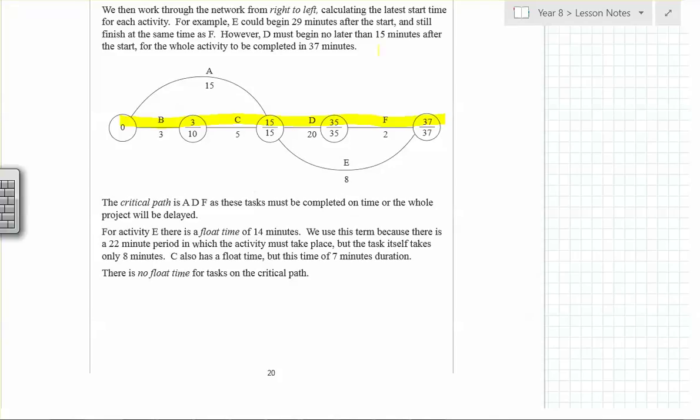Good. So, what we were saying was that B happens. C can only start after B has happened, and the earliest possible time it can start is after 3 minutes, because B takes 3 minutes. C takes 5 minutes, so D can only happen after that.